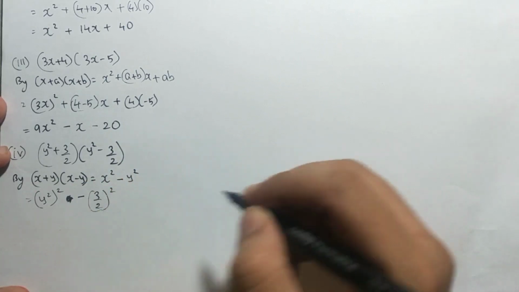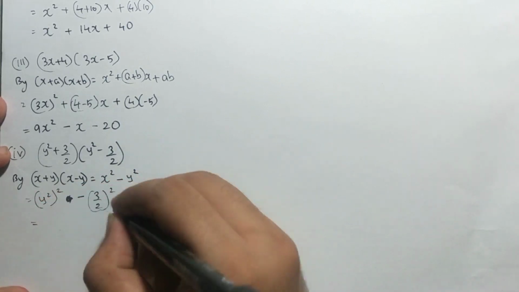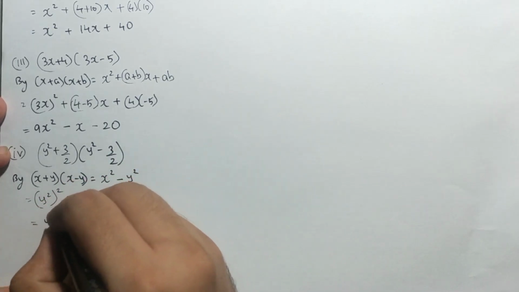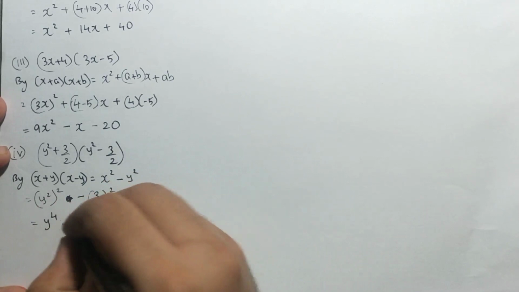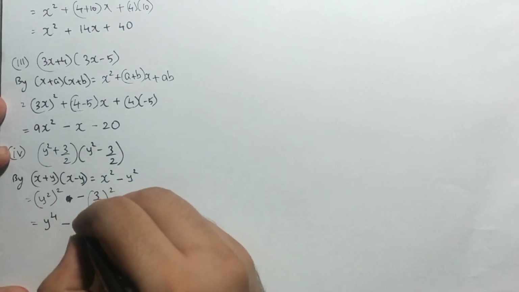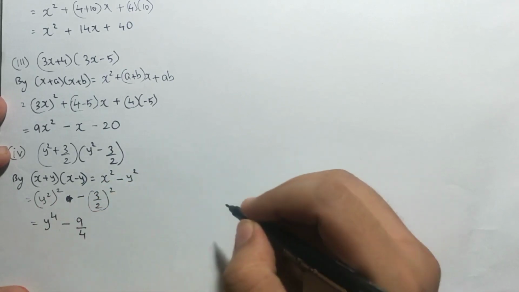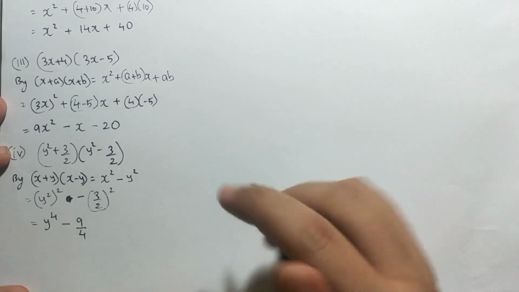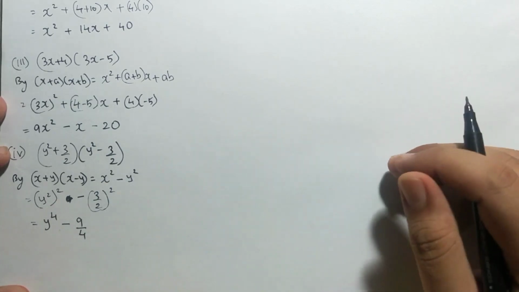My second term is 3 by 2, so 3 by 2 square. What is y square square? It will be y raised to 4, minus, what is 3 by 2 square? That is 9 upon 4. This is the final answer. No need to take LCM. y raised to 4 minus 9 by 4.